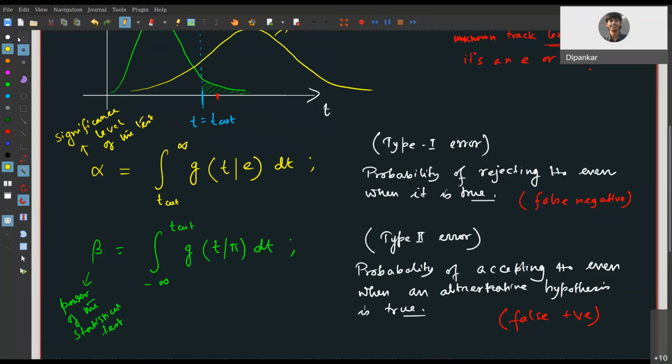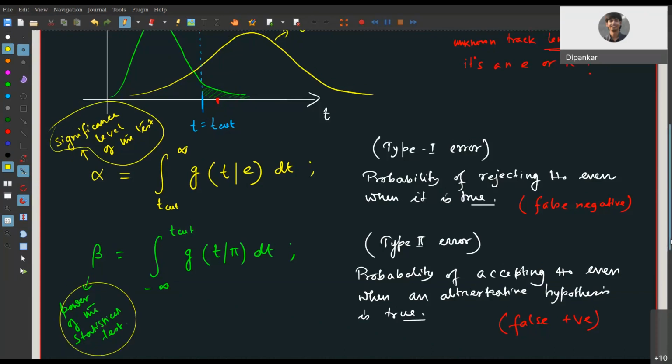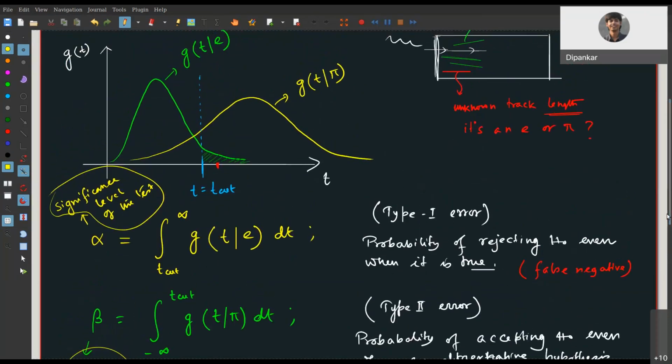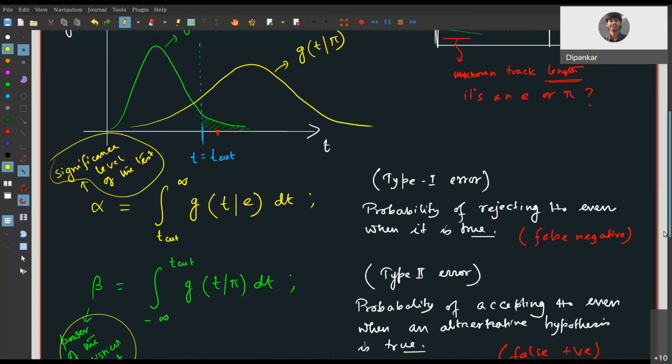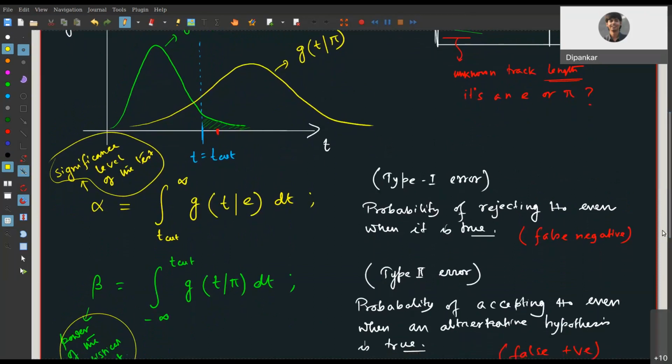Now you can try and see how to optimize the choice of this t cut. Your ideal choice would be when both alpha and beta are as close to zero as practically possible, so that you do not make any error whatsoever.